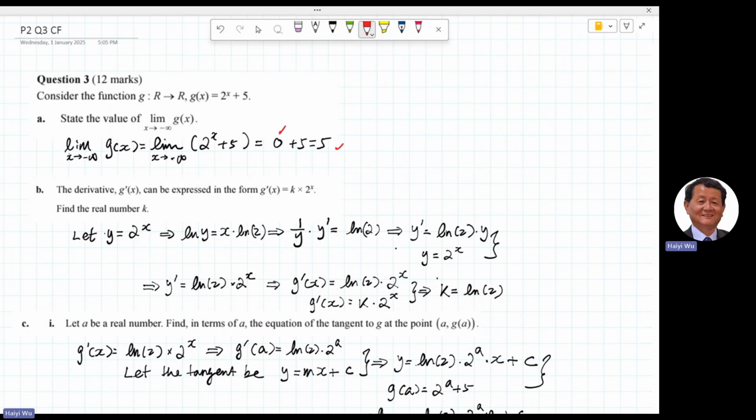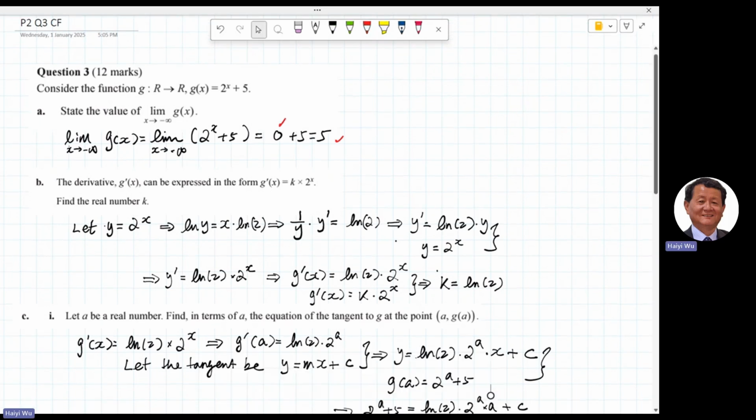The first question is pretty simple. Now the second question: we need to find the derivative of g(x). So we need to decide the derivative of 2 to the power of x. This is an exponential function, but not e-based, it's 2-based, and it could be 3-based, could be any base, a-based.